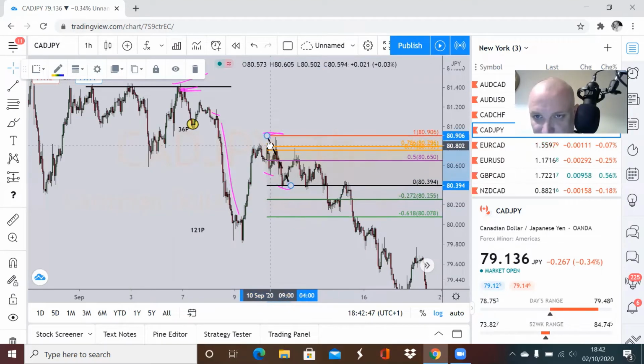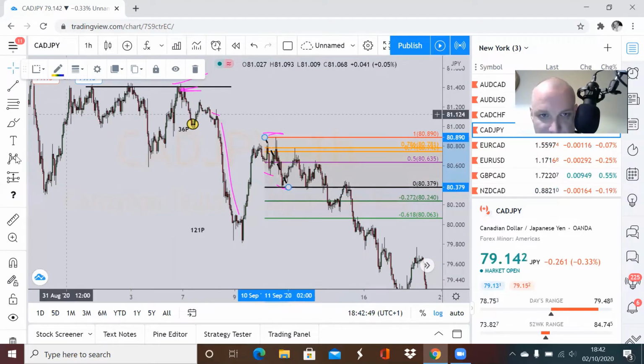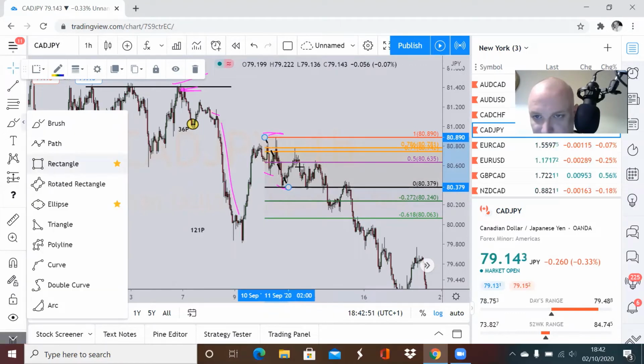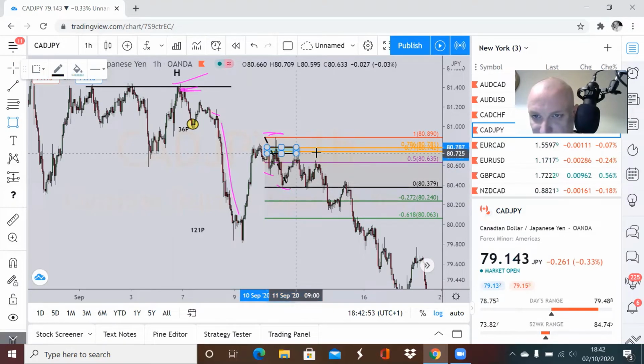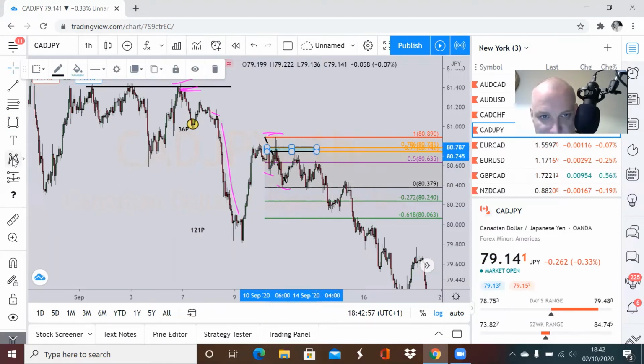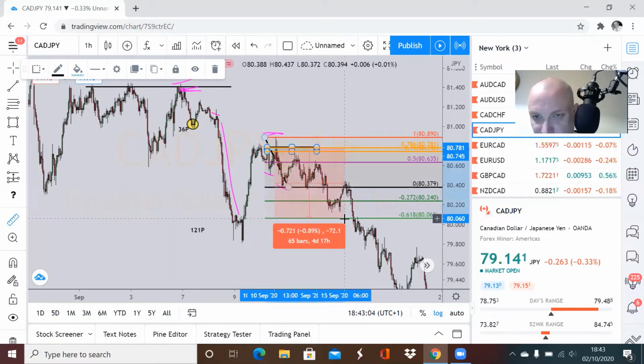Look at this, guys, once again. Get this back on there, John. In the money zone. Okay. You've hit that. Again, that's gone all the way down to do a 70 pip move.